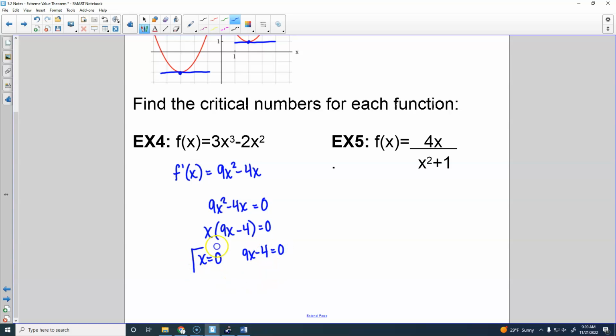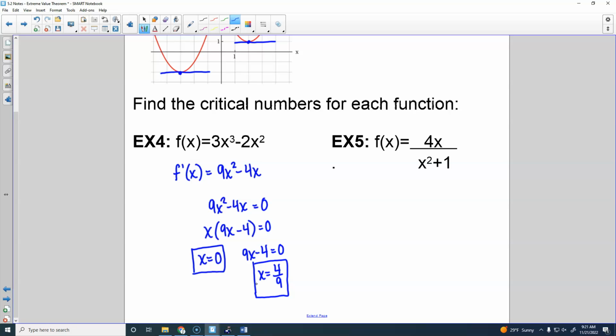So x equals 0 is a critical point, and then I'll get x equals 4/9, which is also a critical point. Okay, so if you're asked for critical numbers, you're just going to take the derivative and set it equal to 0.